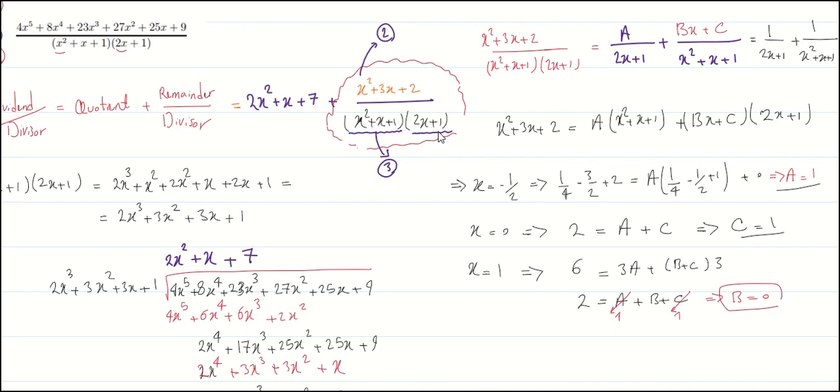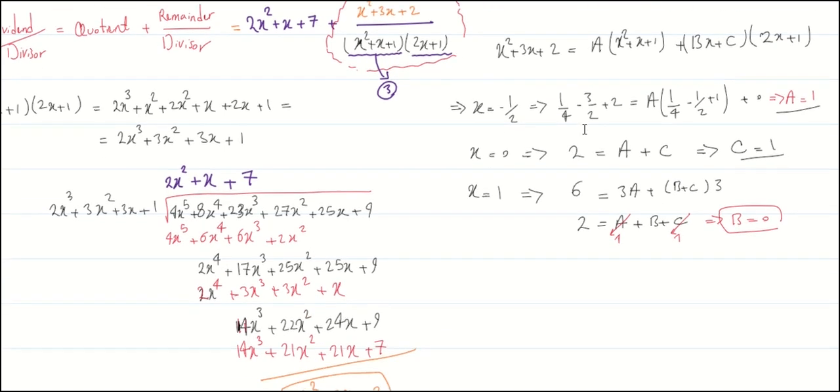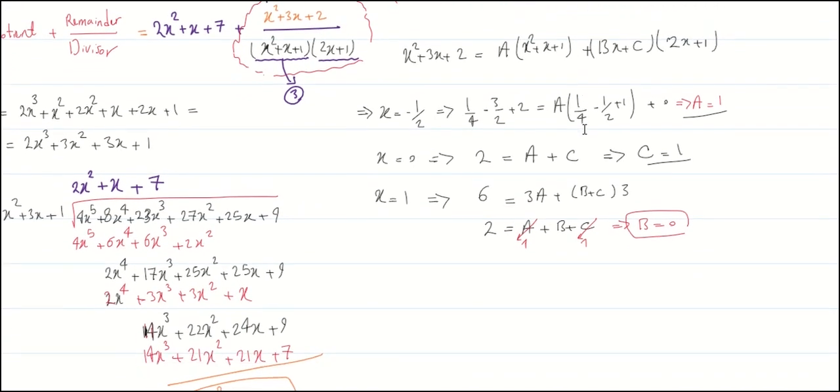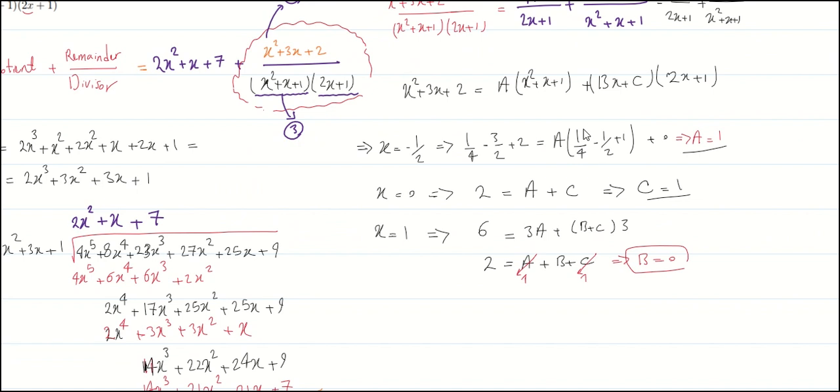Now, since we have decomposed the second rational expression as well, we can finalize our partial fractions and write it as this. This would be our finalized partial fractions. So we have the quotient first, which was 2x squared plus x plus 7, plus.